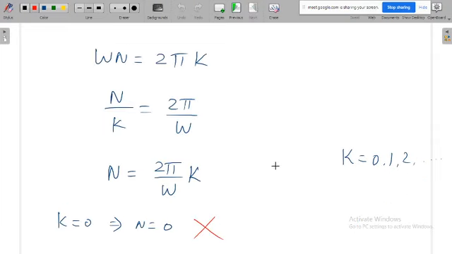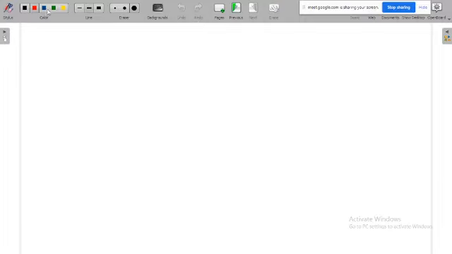Now, say for example I put k is equal to 1, n is equal to 2 pi by omega into k. Again I have to observe what is n when I put k is equal to 1.